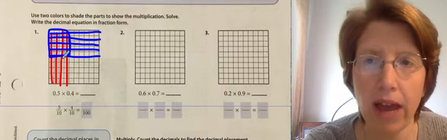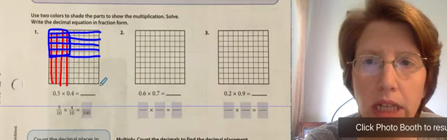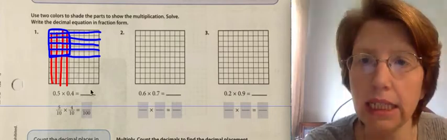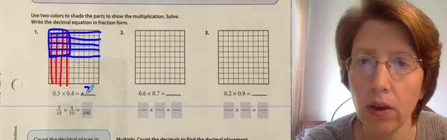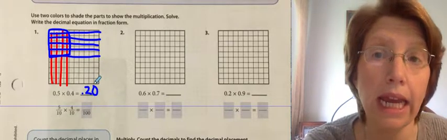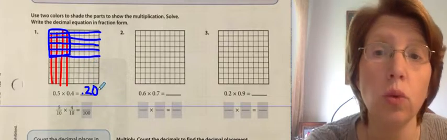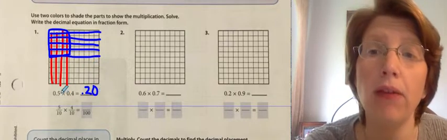Okay? And if I count how many is in that, I will get 20. So it is 20 out of 100, 20 hundredths after I multiply.